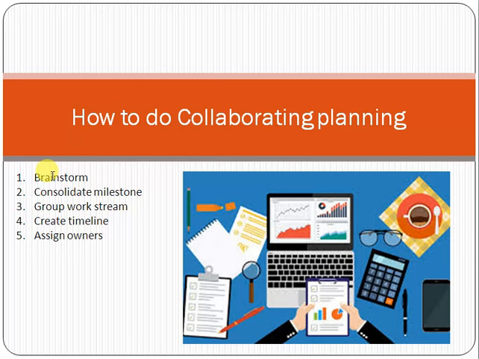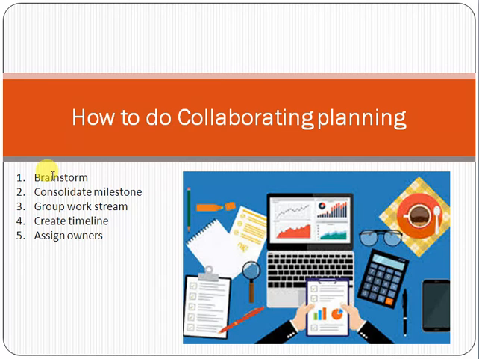Then group the work streams. Work streams mean the design phase, designing, development, testing, deployments. So you can say it is grouping the work streams. Work streams mean designing, development, UAT, testing, deployments, etc. This is called the work stream.